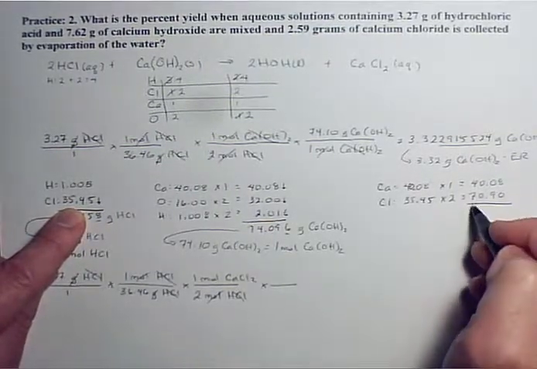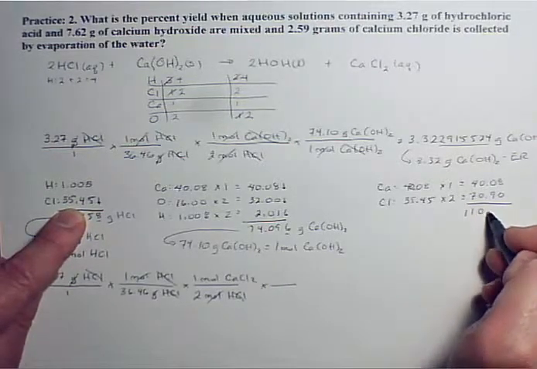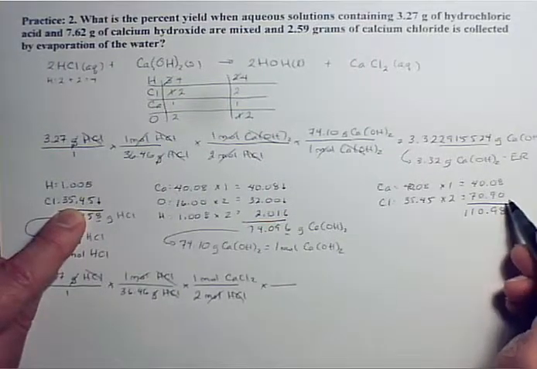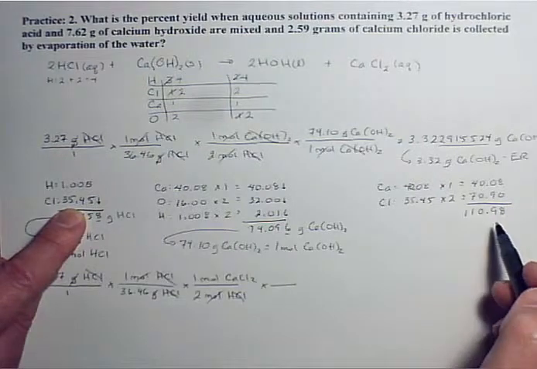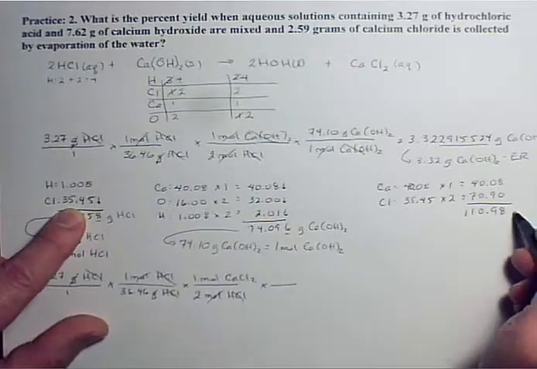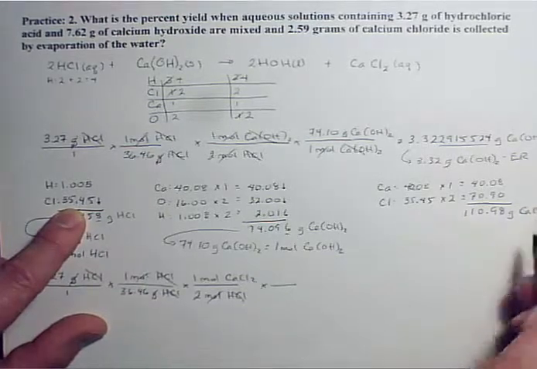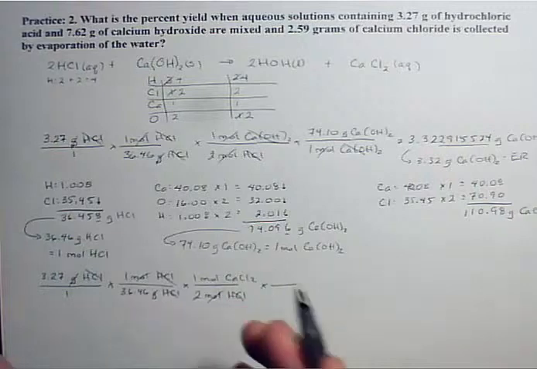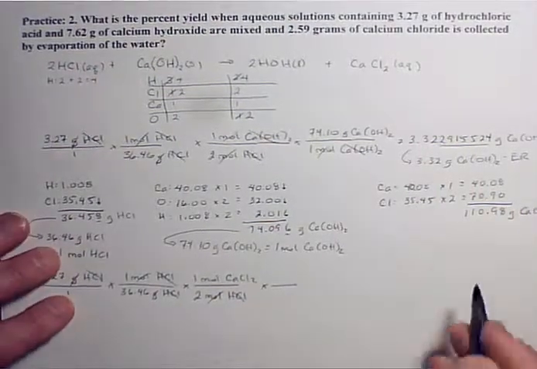Add these together. That's 110.98, and there are no empty slots over here this time, so there's nothing to round off. If there are no empty slots to the right when you're doing addition and subtraction, you don't have to round off.